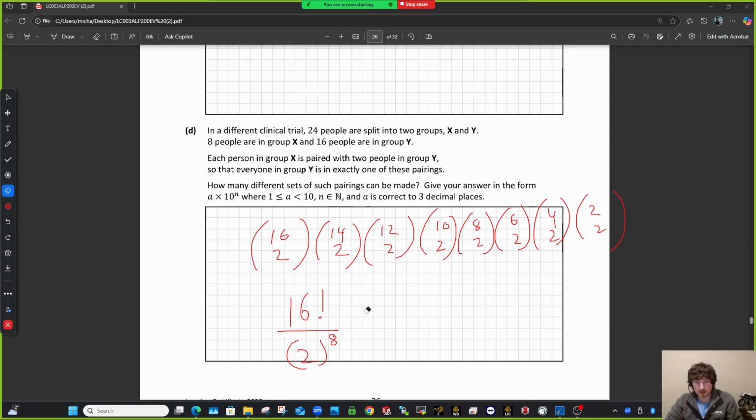So what I'll highlight then again here is the thing I mentioned before. I said that they lined up in a specific way in group X to pick their two partners from Y. Does the order in which they lined up in X matter? Again, it doesn't matter, because the order in which they get placed into the set which is made of 8 pairs, doesn't matter.